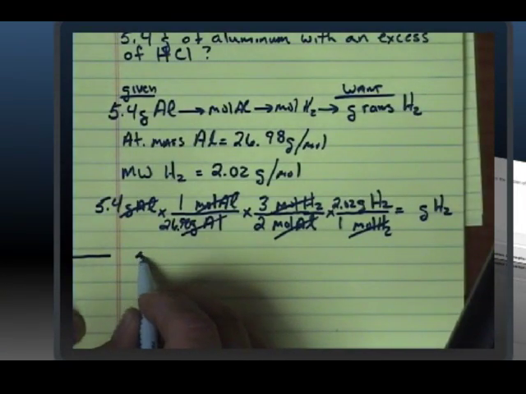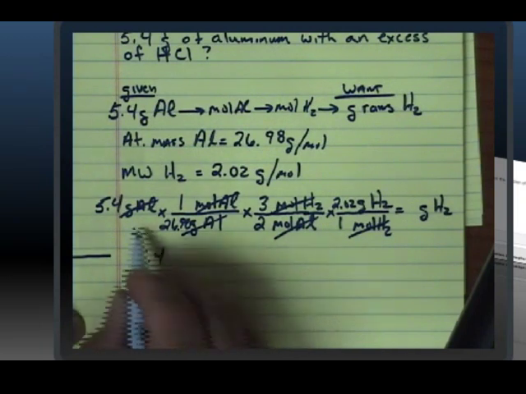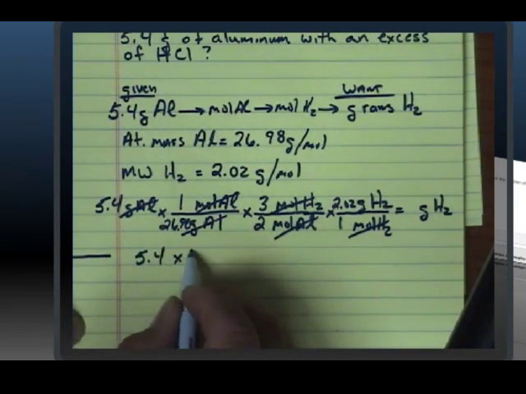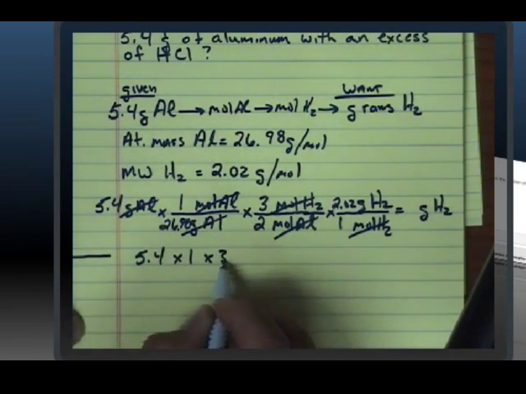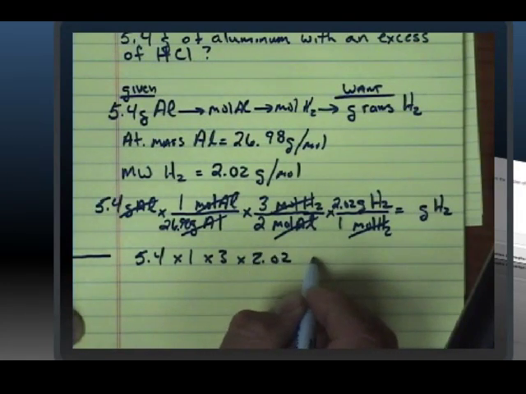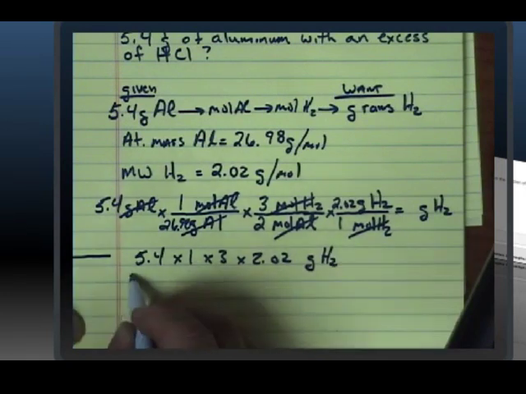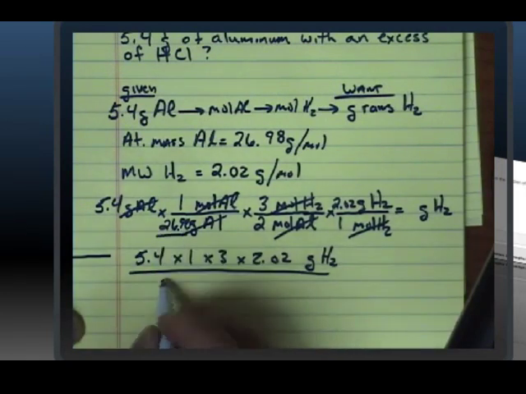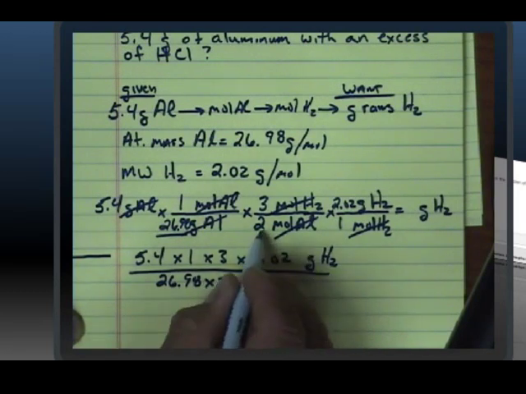So we just collect those numbers, 5.4, units are all canceled, so times a 1, times a 3, times a 2.02, and the only units left are grams of H2. And then on the bottom, we simply collect these, so it's 26.98 times a 2 times a 1.